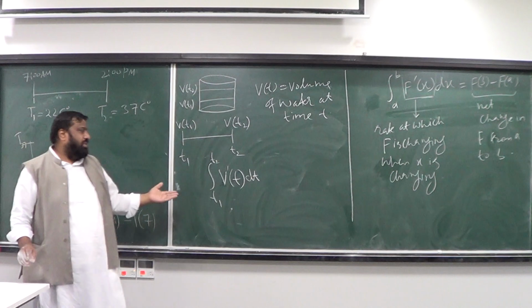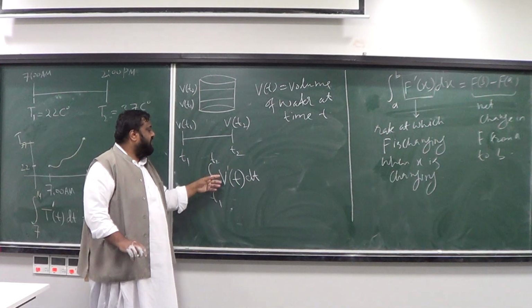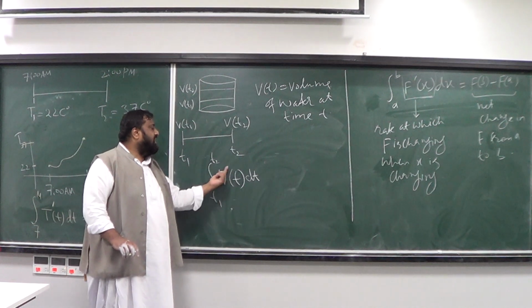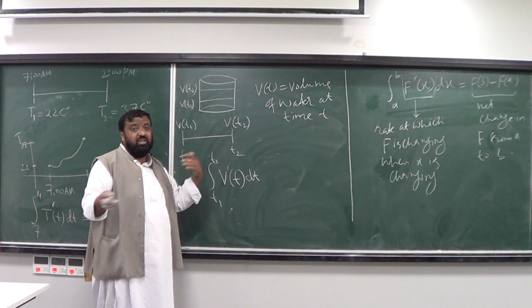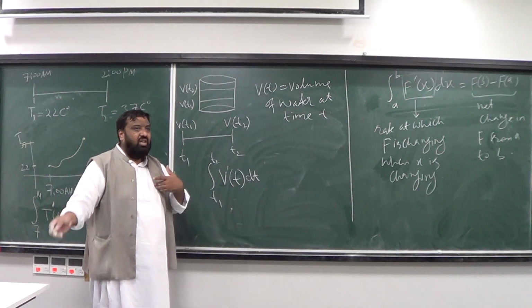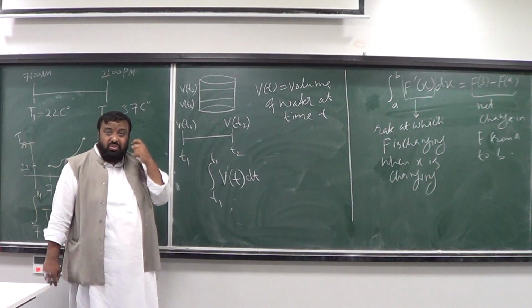then this statement is meaning the sum of all tiny changes in the volume of the water that is happening due to different reasons, adding the water, using the water between the instant t1 and t2.